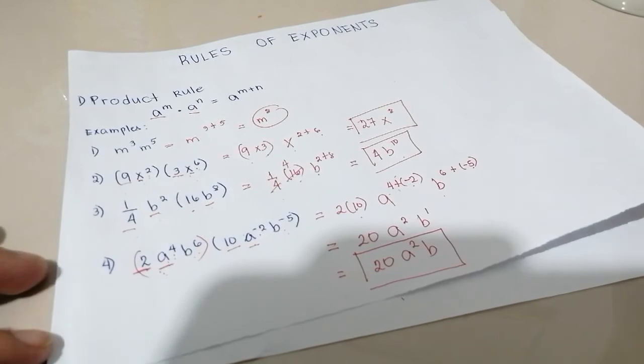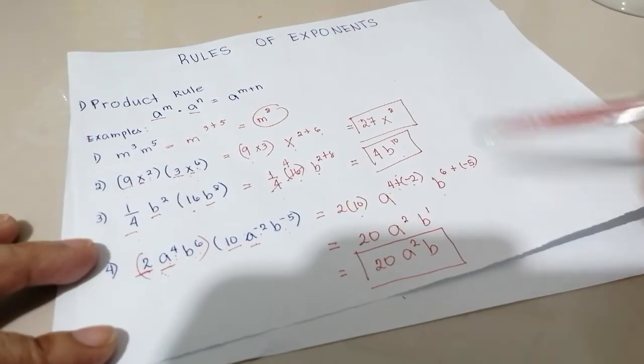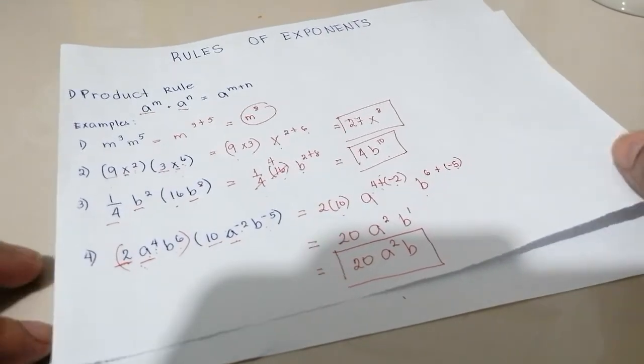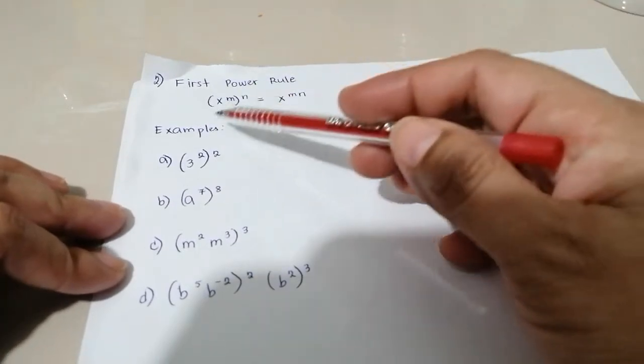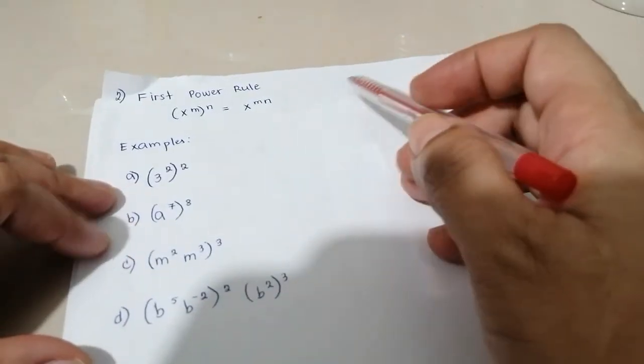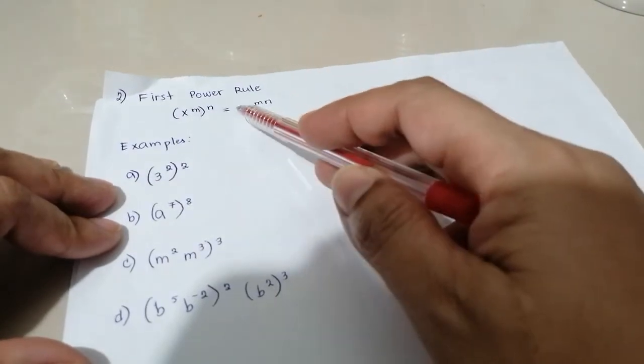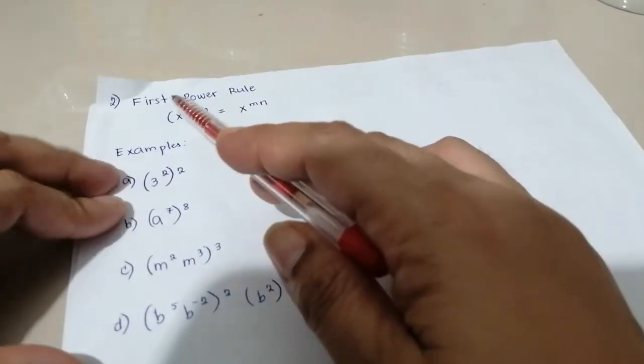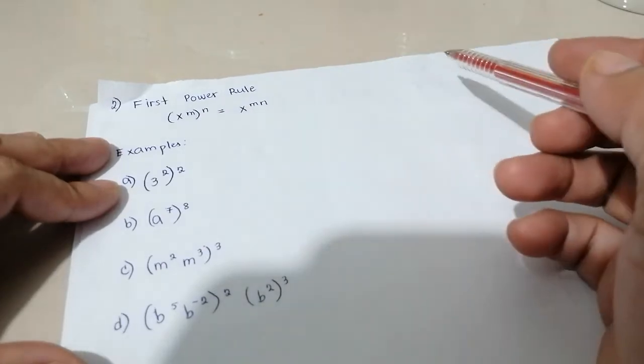So, this is how we do the product rule. Okay, next rule is the power rule, or I usually call it the double exponent. Okay, so what do we do with the power rule or double exponent?